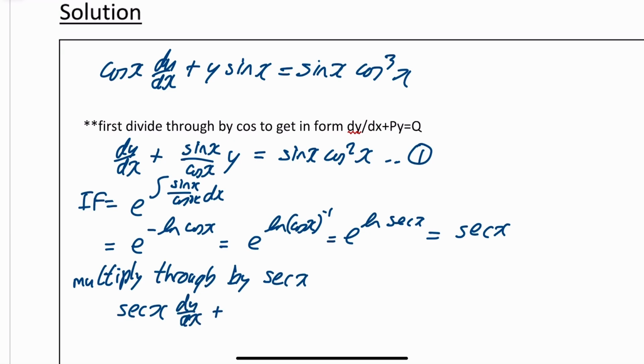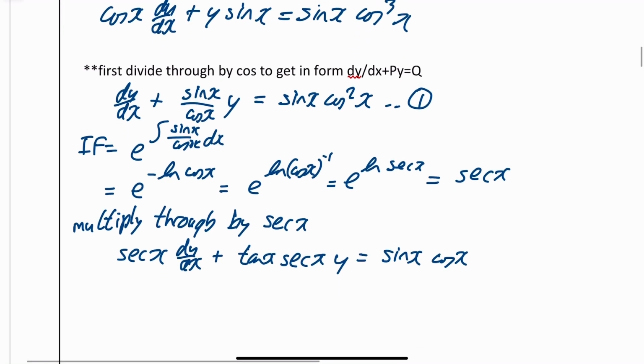And then if you multiply that by sec x, you're just going to get tan x, sine over cos is tan x, and then sec x, and then y. And then if you multiply the cos squared by sec x, it just becomes cos, so it becomes sine x cos x.